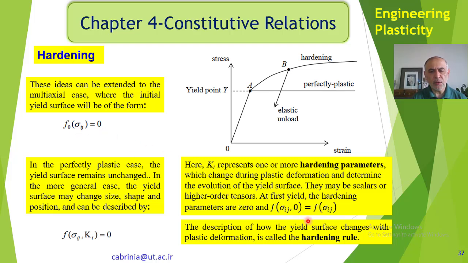So that's why we call this F0. Okay. The description of how the yield surface changes with the plastic deformation is called the hardening rule. In other words, the relationship defining this behavior is the constitutive relations for the hardening case, and we call it hardening rule. Okay.